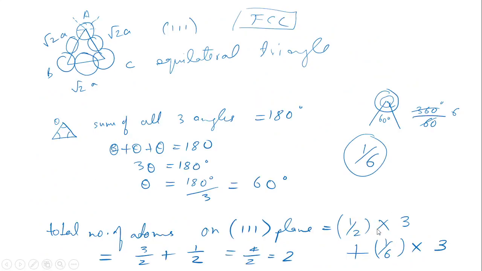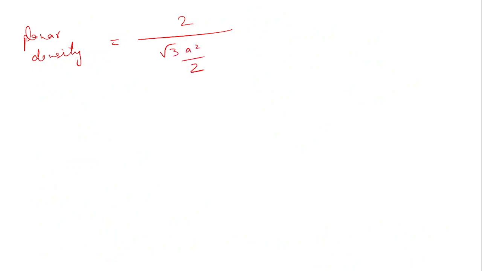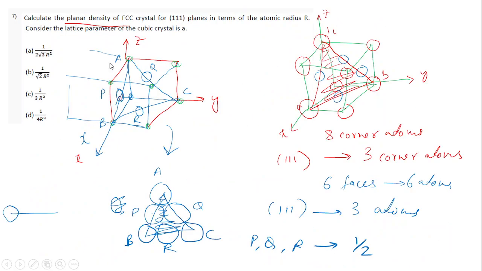So we found out the total number of atoms on the plane, and we found out the area of this plane. Now all we need to do is put in the formula for planar density. Number of atoms 2, total area root 3a square by 2, and we have to give the answer in terms of radius again.